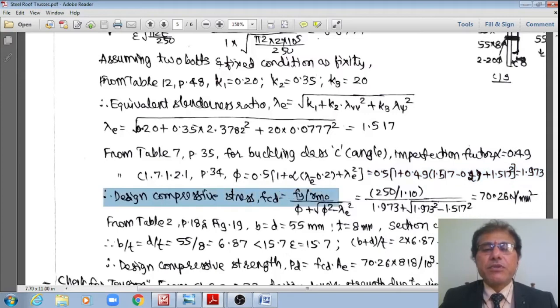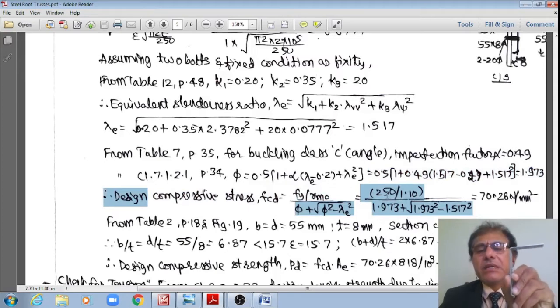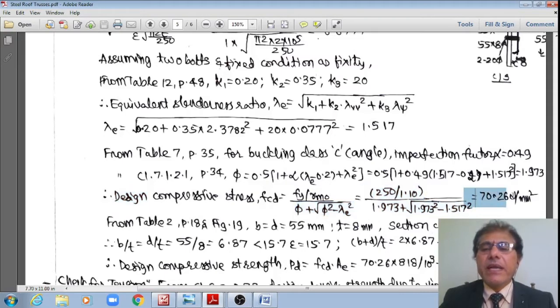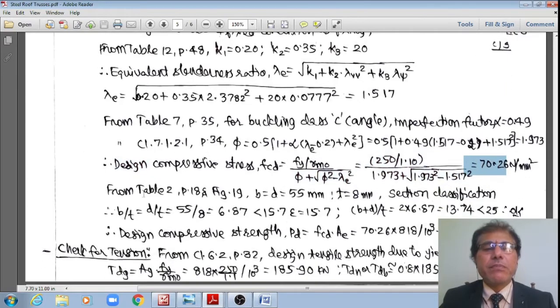Therefore the design compressive stress, substituting into this formula, Fy is equal to 250 divided by gamma m naught, which is 1.1, because the partial safety factor when governed by the yield stress, gamma m naught is equal to 1.1. Even the other day we have seen in the given data, phi is equal to 1.973 plus square root of 1.973 whole square minus 1.517 whole square. It now works out to 90.26 MPa, Newton per mm square.